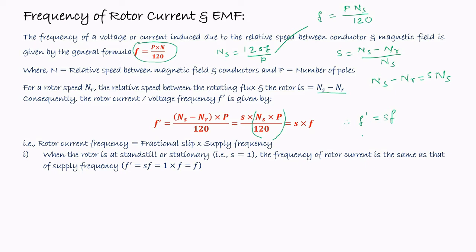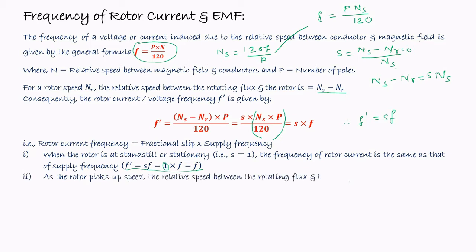From the slip relation, S = (Ns minus Nr) / Ns, if Nr is 0 at starting, the slip will be Ns / Ns, which is equal to 1. Therefore, since F' = S × F and at standstill S = 1, the frequency of the rotor induced EMF and current will be equal to the supply frequency.